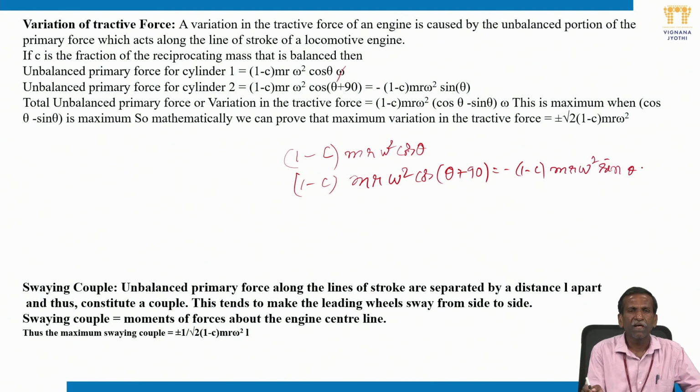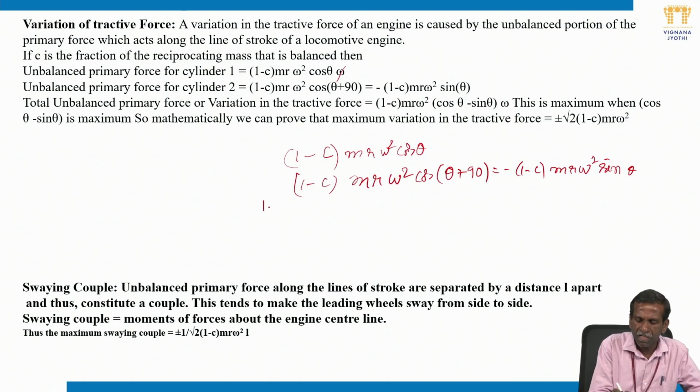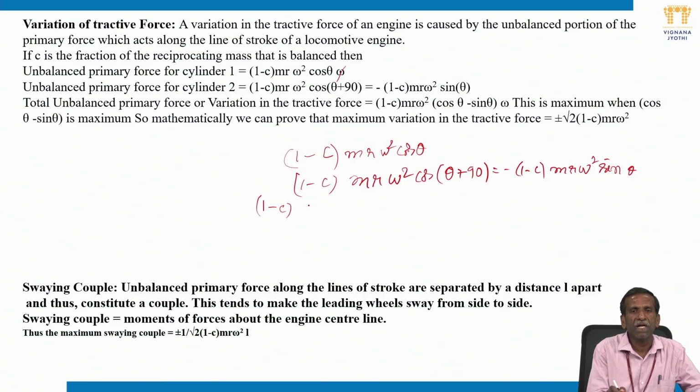Then the total unbalanced primary force, or variation in the tractive force, is the sum of these two. So this can be written as (1 minus c) times, what is this? This is the total unbalanced primary force or variation in the tractive force, because it is along the line of stroke.